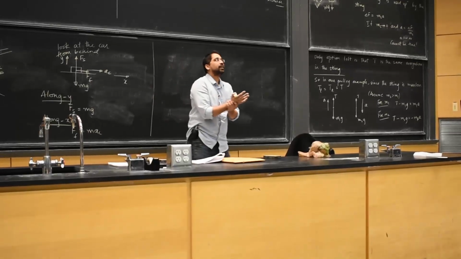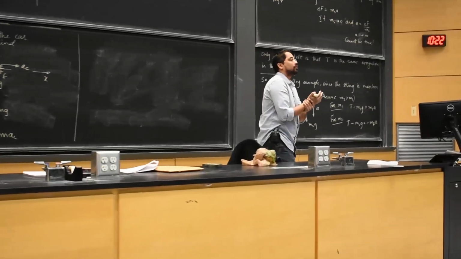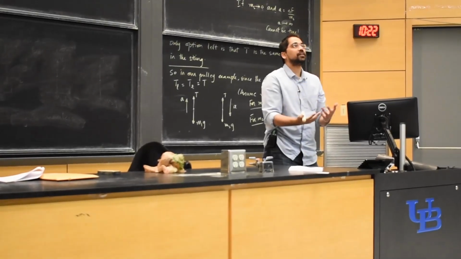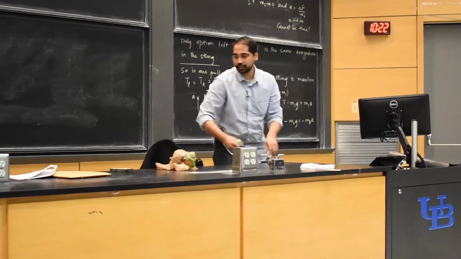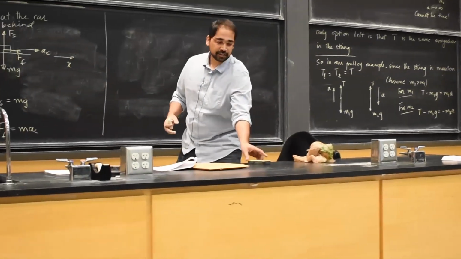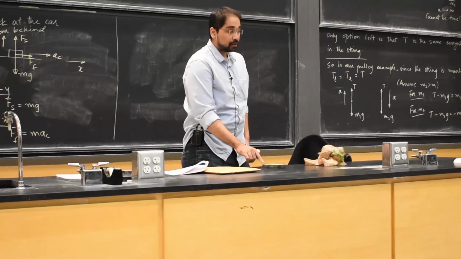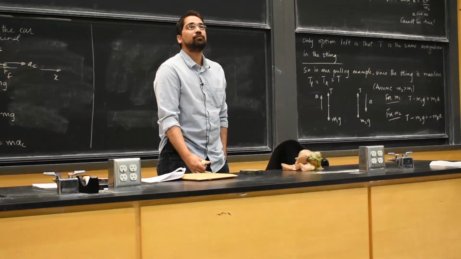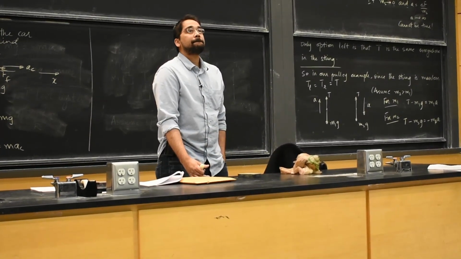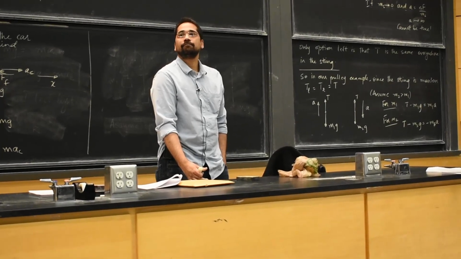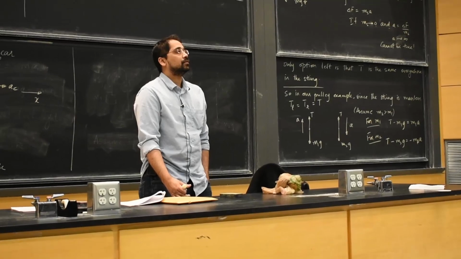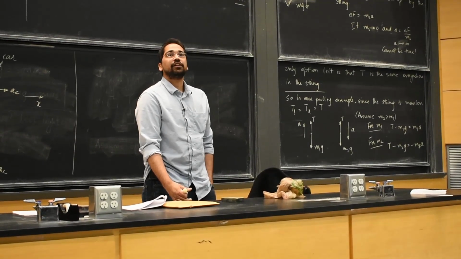How does static friction behave? What is the characteristic of static friction? How does it behave? If I were to take this eraser and I pushed a little bit, how does friction react to the way I push and pull on it? What are the features of static friction?